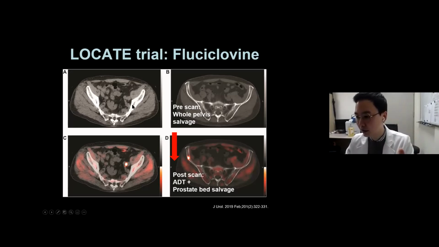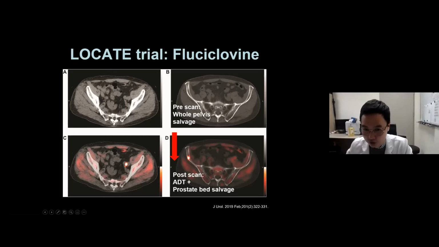In the CTs, they could not find any lesions indicative of tumor recurrence, and also not in the bone scintigraphy. However, when you see the fluciclovin scan, they found a focal lesion in the external iliac lymph node, and also a focal bone lesion involving the right ilium.